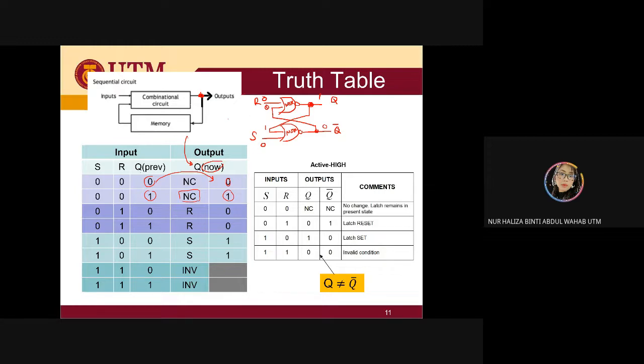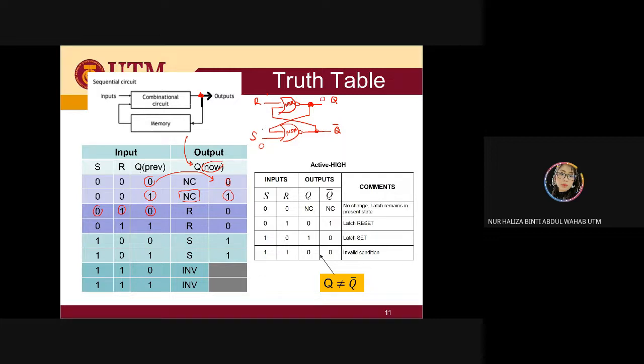Okay, now we look into the third scenario. Now we have the input of 0 and 1: 0 for our S, 1 for our R, and the previous output is our 0.